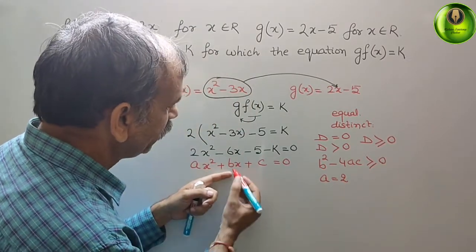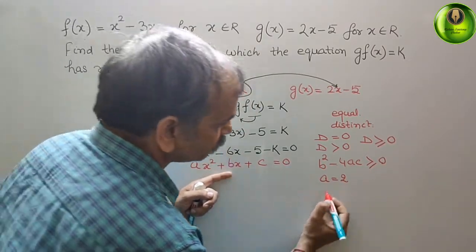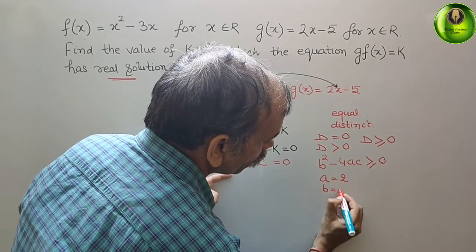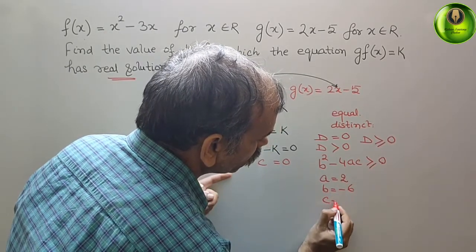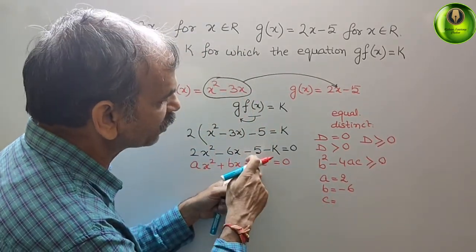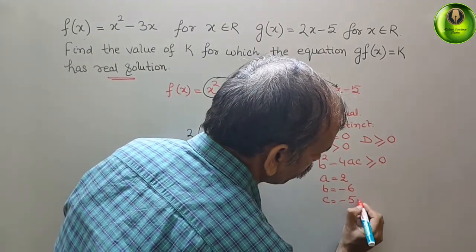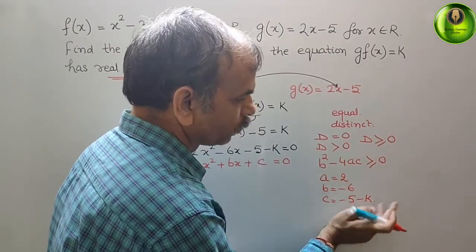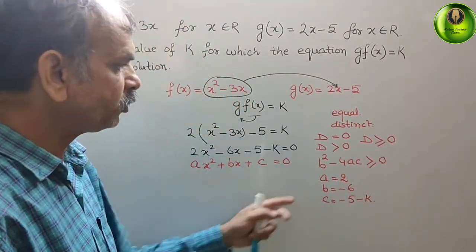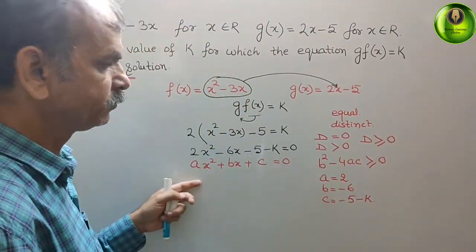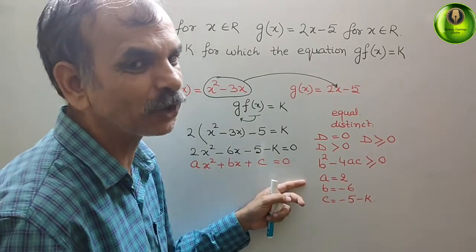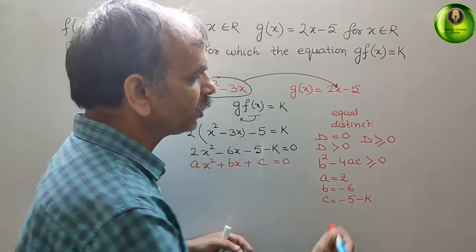What is your b? b is minus 6. And what is your c? c is minus 5 minus k. Now, substitute these three values here in b square minus 4ac. Where you have to put? Here.